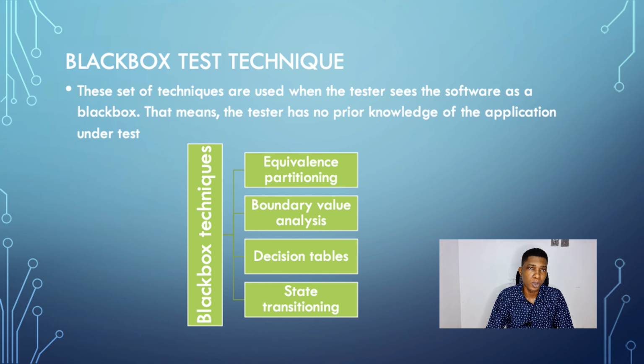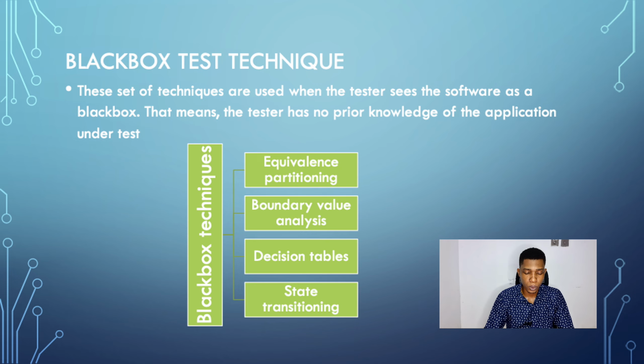Starting with the invalid inputs from 0 to 17, 0 to 17 would be invalid because the text box is accepting from 18 to 60. Also, 60 upwards will be invalid, and of course, there's an infinite number from there on out.